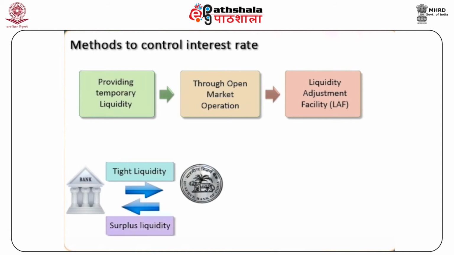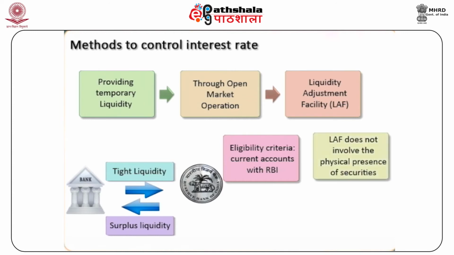All commercial banks having current accounts with the RBI are eligible to take part in LAF auctions. The LAF does not involve the physical presence of securities, as all transactions take place electronically. Thus, the interest rate channel becomes effective.